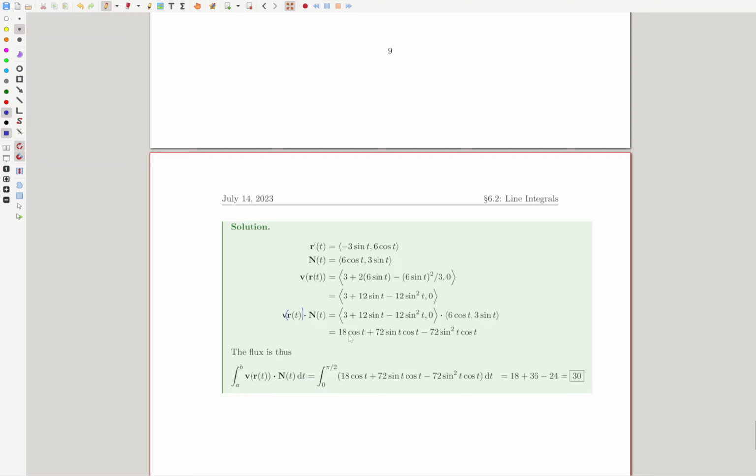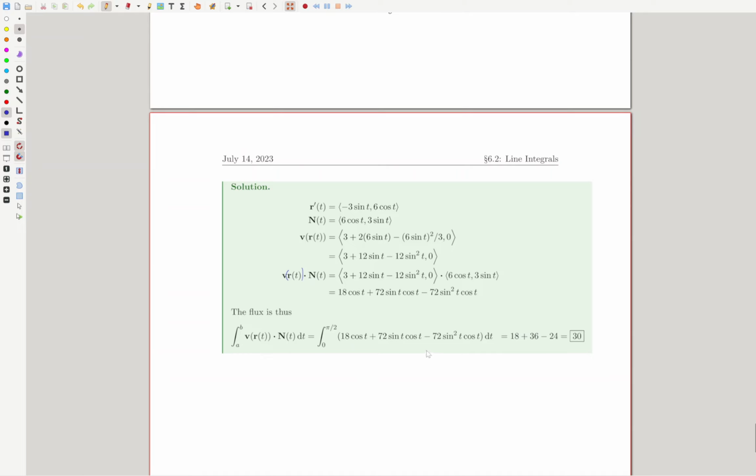The flux is measured by the integral over this quantity, which is a calculation if you're going to do it. Sometimes shortcuts can be done if this is like a 0 to 2 pi integral.